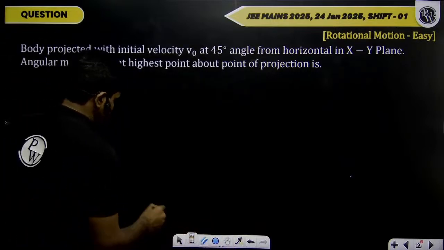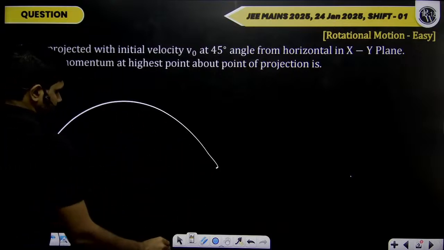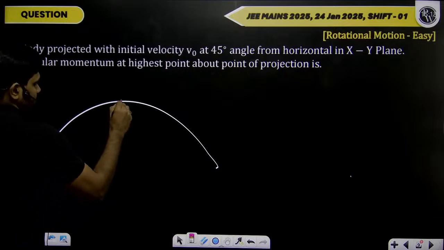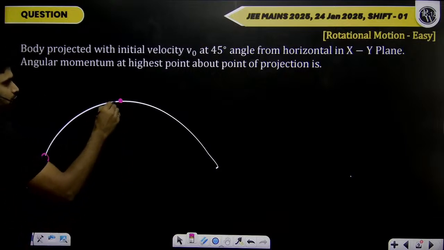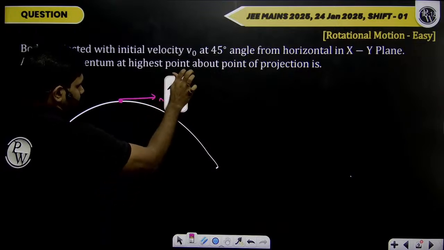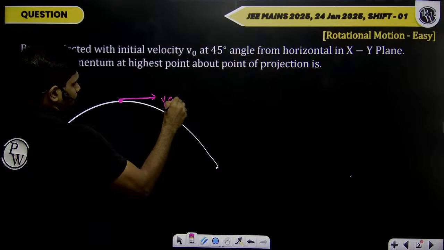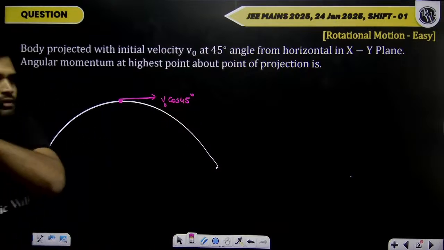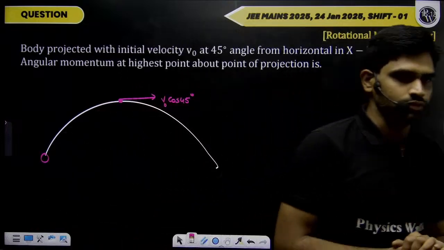So let us draw the thing. At the highest point, what is its velocity? The highest point velocity is v naught cos 45.